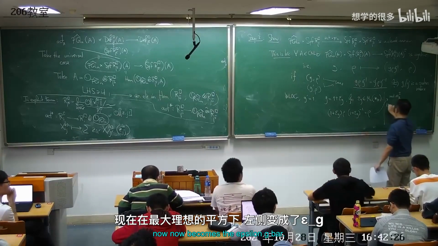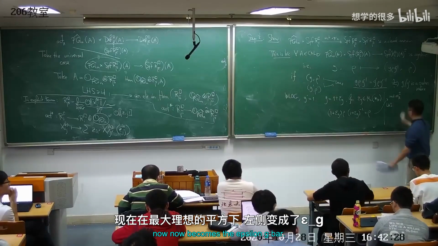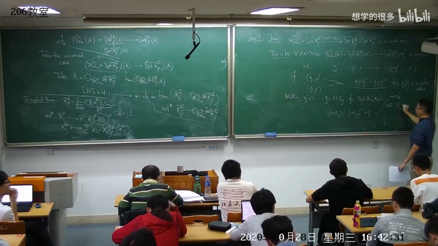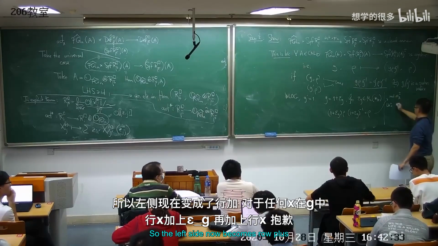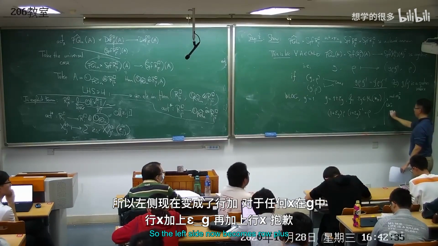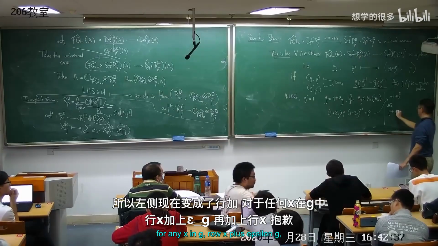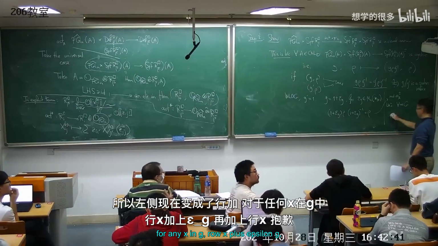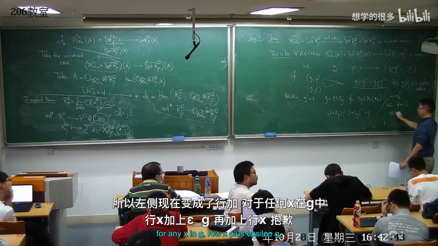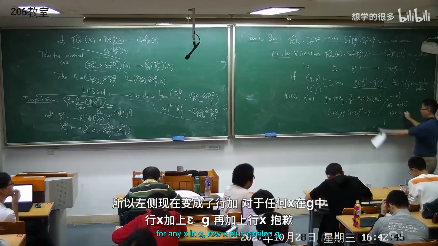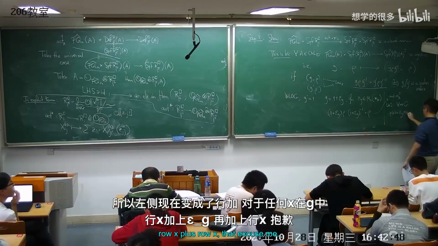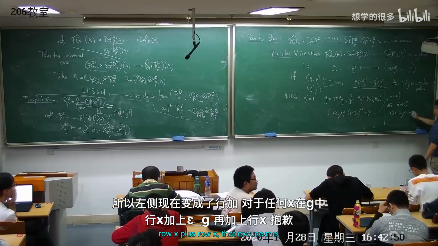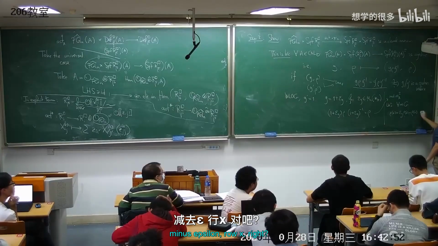The left-hand side now becomes, for any x in G, rho x plus epsilon g rho x minus rho x epsilon g.